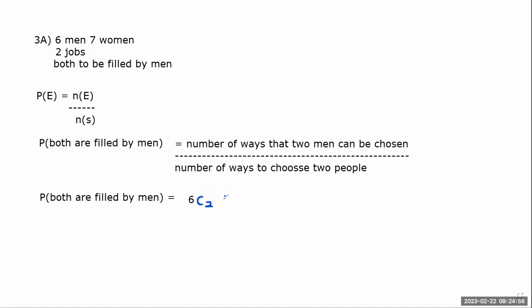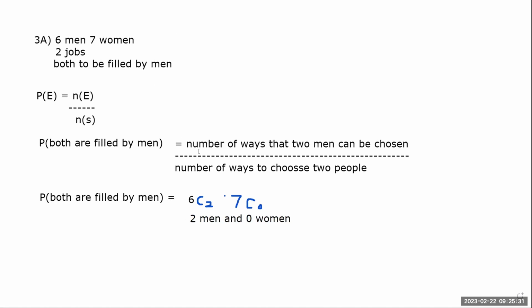And 0 women, so we want 7 choose none. Let me write it below it. This means 2 men and 0 women, right?